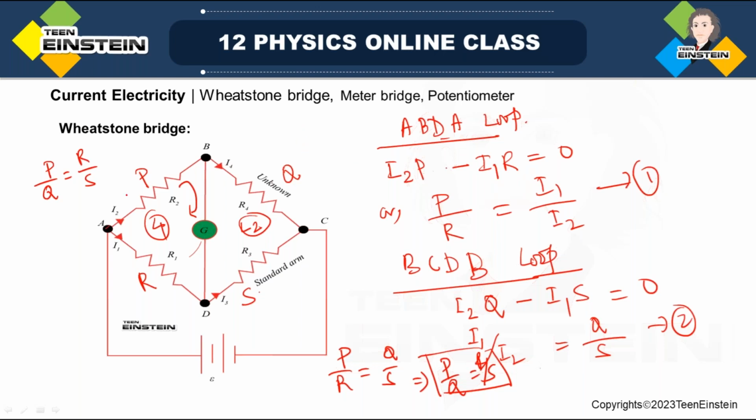I am telling you again and again that you must remember where the P branch, the resistance P, is situated: between A and B. Where the battery is situated: between A and C. Where the galvanometer is situated: between B and D. Where the unknown resistance Q is situated: between B and C. Where the standard resistance is situated: between D and C. So these are the points we should remember, because we will frequently be doing problems with the Wheatstone bridge, or with its application we will solve meter bridge problems.